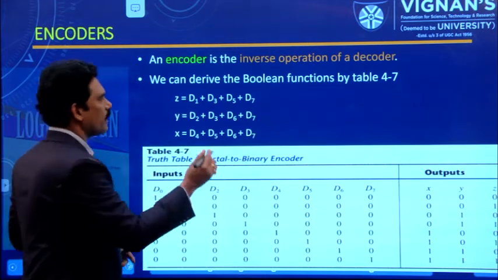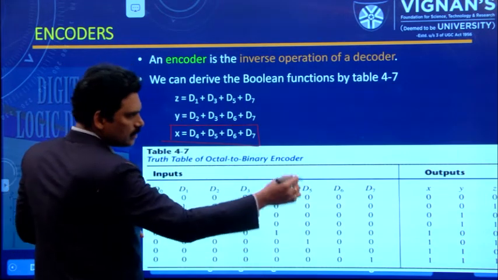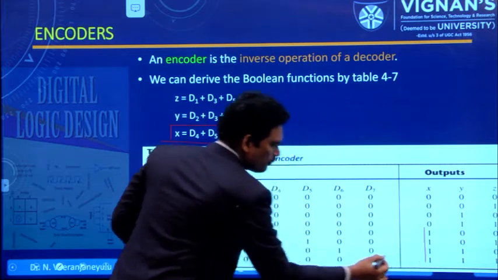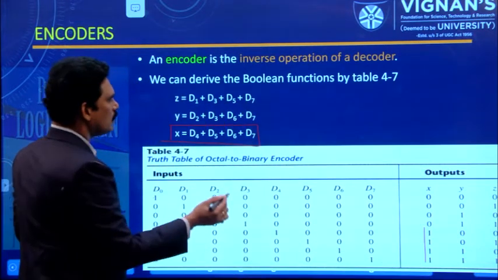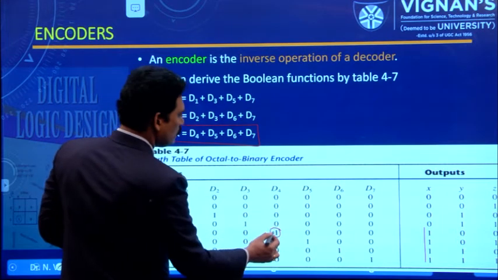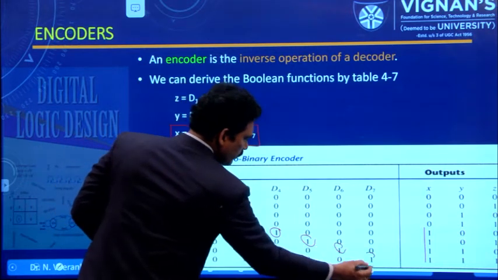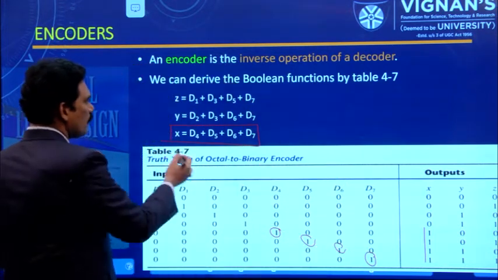And the expressions: X is equal to D4 plus D5 plus D6 plus D7. And what about Y?